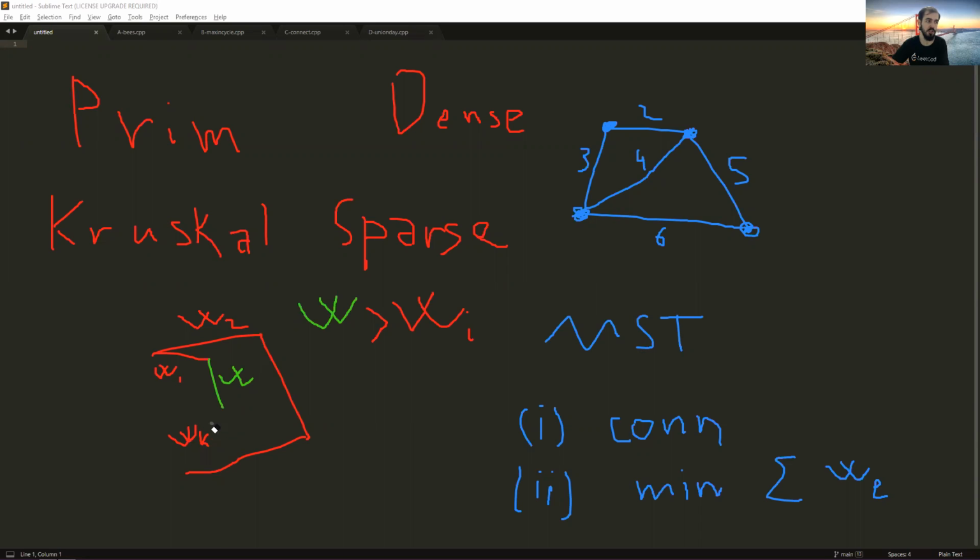So if we were to change the last edge to W, the graph would stay connected, but the total weight would increase because W is greater than WK. And the same goes for any other edge. If we want to delete W3, the graph stays connected, but it's not an MST because W is greater than W3, because this edge is processed after that edge, right? So we can't change one edge to another and improve the total weight.